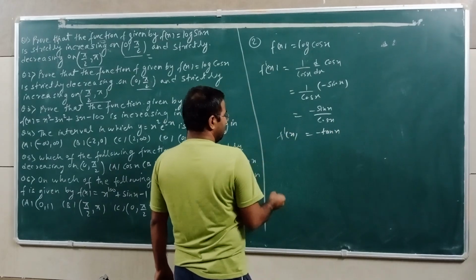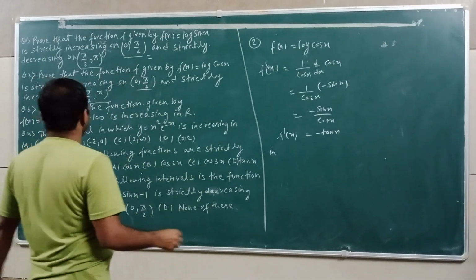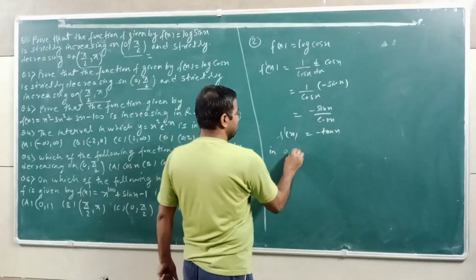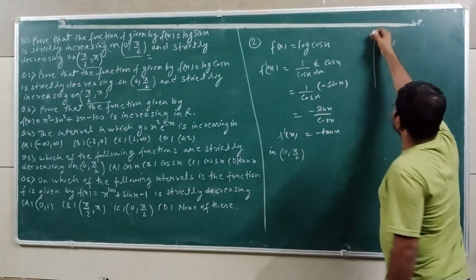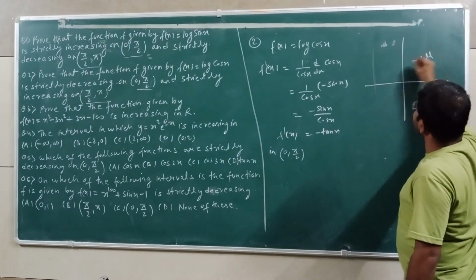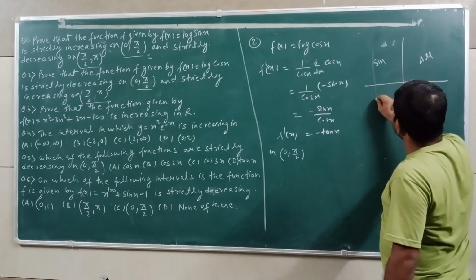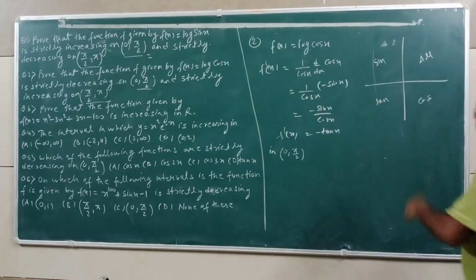Now we have to check in the interval 0 comma pi upon 2. If we make quadrants, in this all are positive, in this sine, in this tan, in this cos is positive.